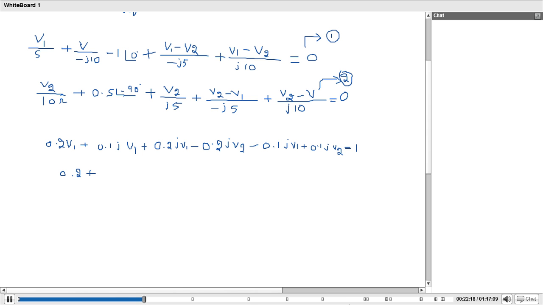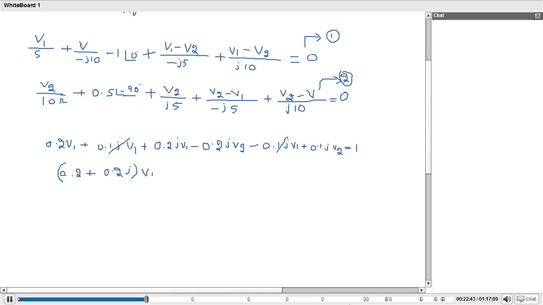So what are the V1 terms here? V1 terms 0.1 j, 0.2 j, so 0.3 j, and this one get cancelled. So plus 0.2 j, only 0.2 j. So shouldn't it be 0.2 jV1 plus 0.2 jV2?